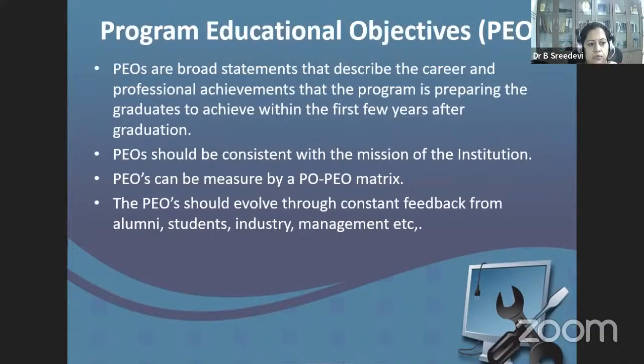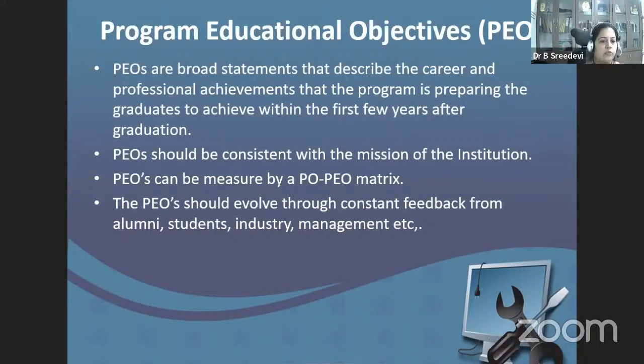In my PEOs, the program educational objectives, I should definitely use the keywords which are there in the institution mission. Without the words in the mission of the institution, I cannot frame my department mission. It should be correlated with the institution mission. So the PEO should be correlated with the mission of the institution. Whatever keywords you use in the mission of the institution, those keywords should be there in framing your PEOs.